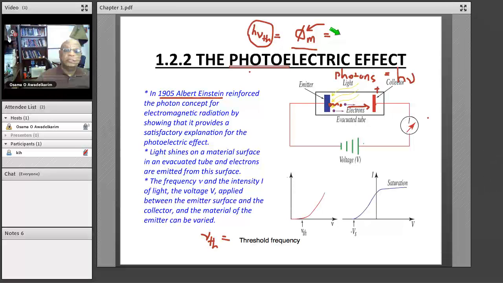So when light shines on a material surface in an evacuated low pressure tube, electrons are emitted from this surface. The frequency nu and the intensity I of light, the voltage V applied between the emitter and the collector, as we see here, and the material of the emitter can be varied. So this is the experiment, this is the explanation.